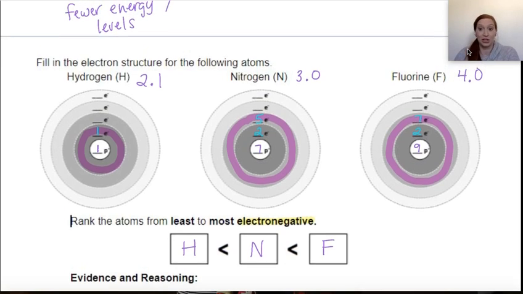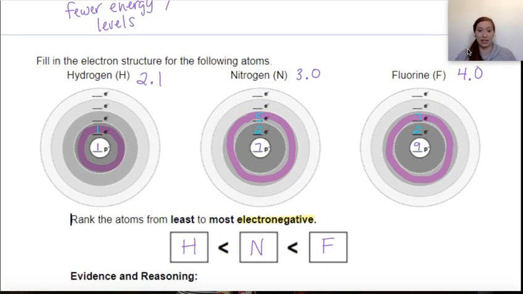Okay, so we can obviously see that we have a difference in the number of energy levels. You would think that because hydrogen is smaller and its electrons are closer to the nucleus, it's going to have a greater force of attraction for other atoms' electrons because they can get closer to the nucleus. The catch with this is that there's only one proton in that nucleus, and so it doesn't have a very strong force of attraction. Okay, so let's make a note of this.